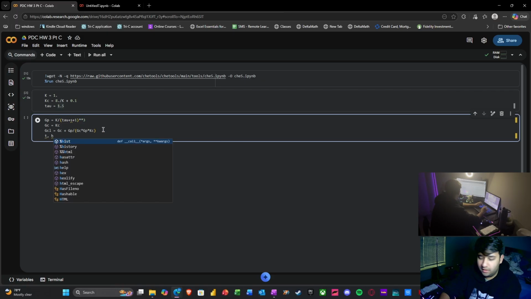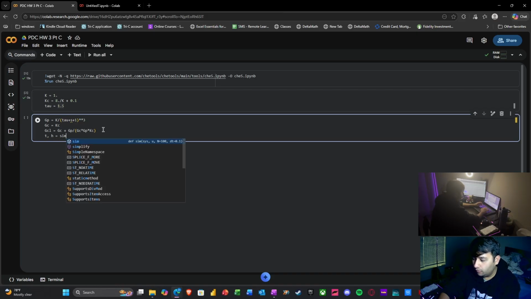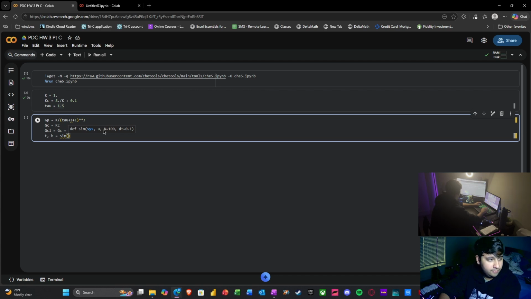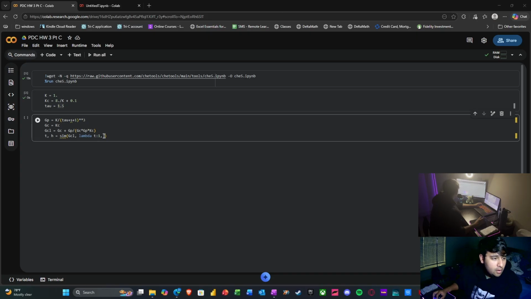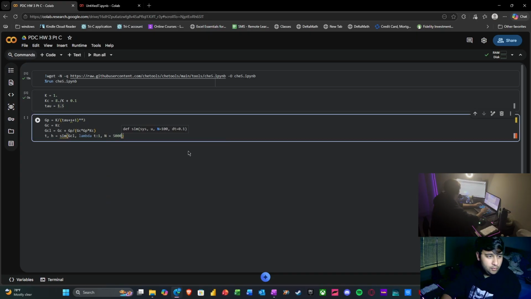And we're going to set th equal to sim, where we're going to have Gcl, lambda in terms of 1, and we're going to set n equal to 5,000. Our dt is 0.1.